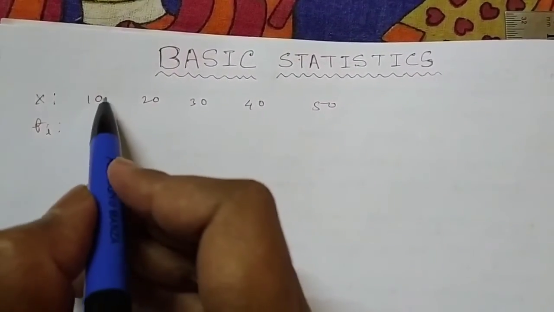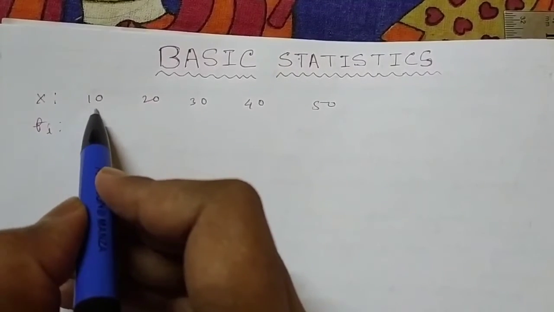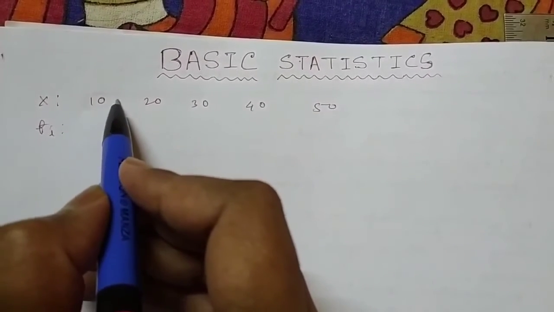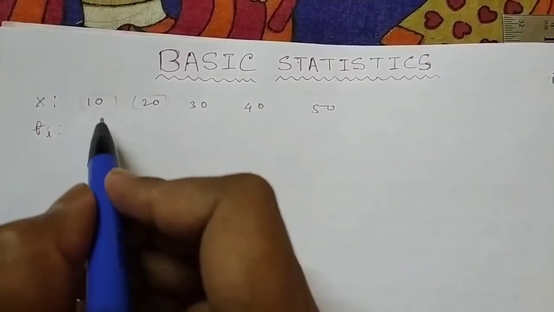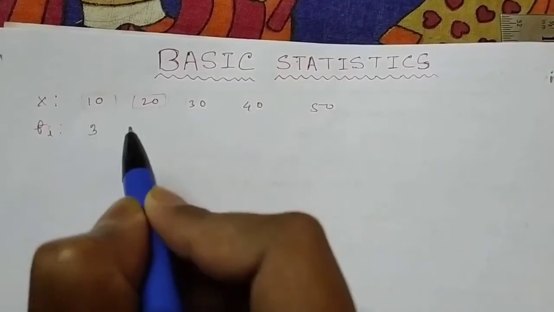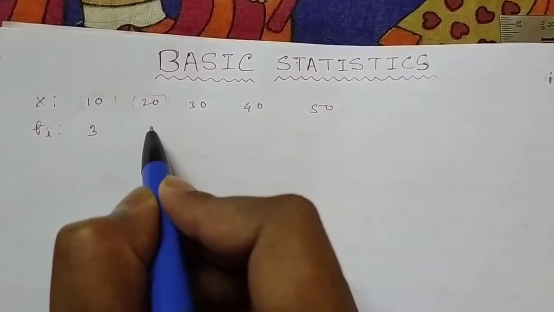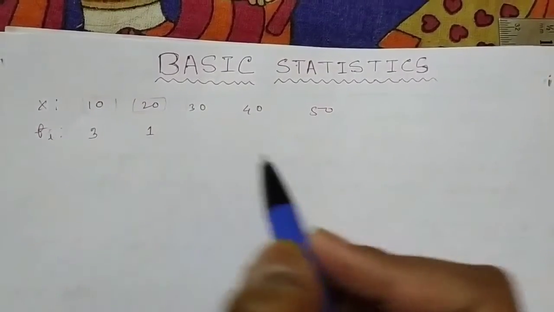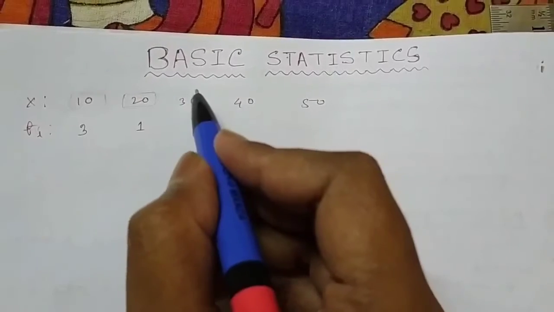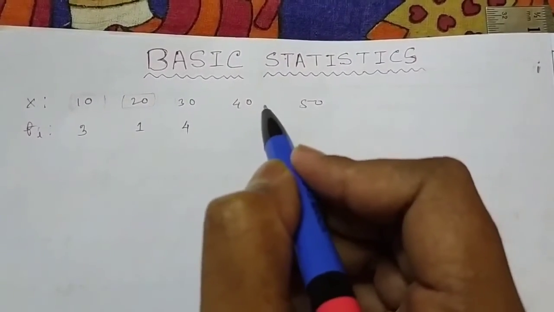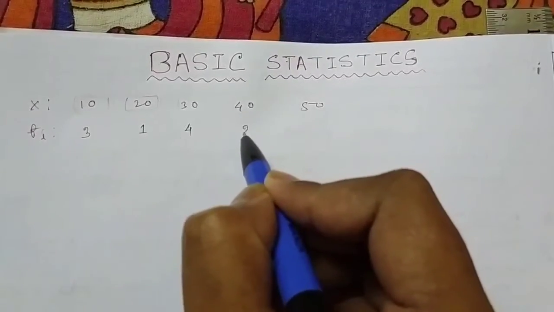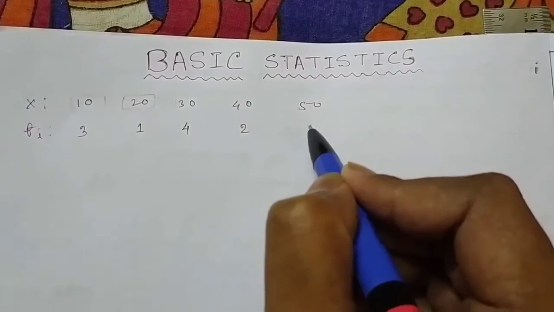Frequency means the occurring of the data, how many times the data are occurring in that basic statistics table. So if 10 is occurring 3 times, then its frequency will be 3, and if 20 is occurring 1 time, then its frequency will be 1, and if 30 is occurring 4 times, then its frequency will be 4. If 40 is occurring, let's say, 2 times, and if 50 is occurring 1 time.